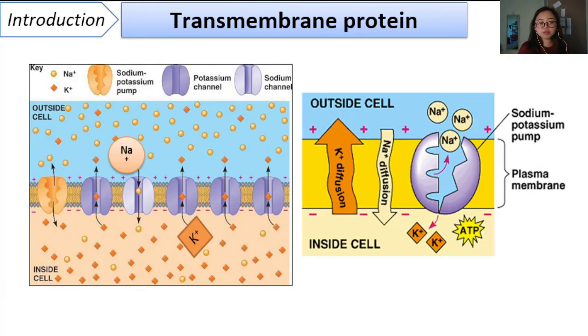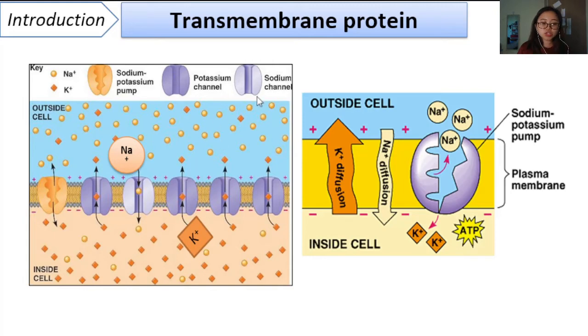Now here is a diagram showing the transmembrane proteins and the environment inside and outside of the cell. So if we look at the concentrations of sodium ions and potassium ions, there is a greater concentration of potassium ion inside the cell. As for sodium ions, there is greater concentration of sodium ions outside of the cell.